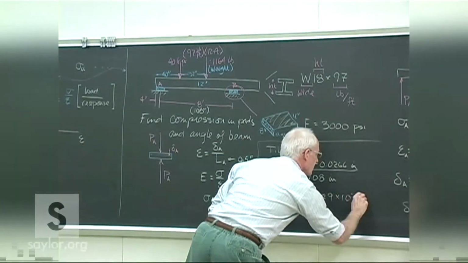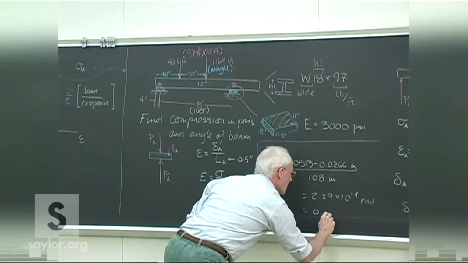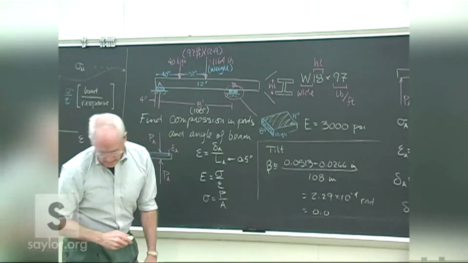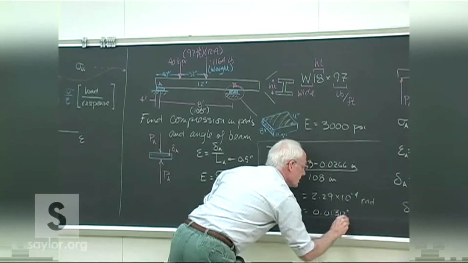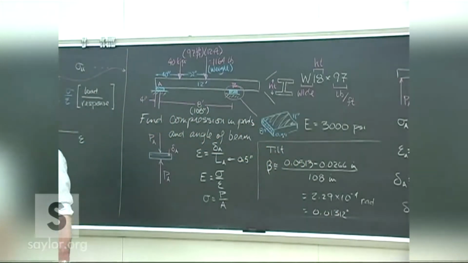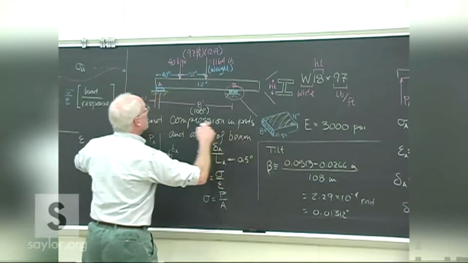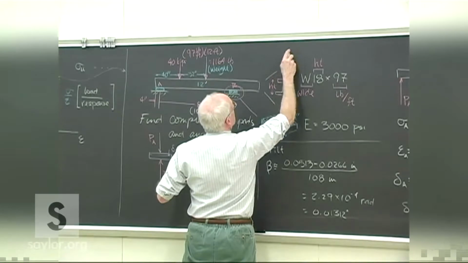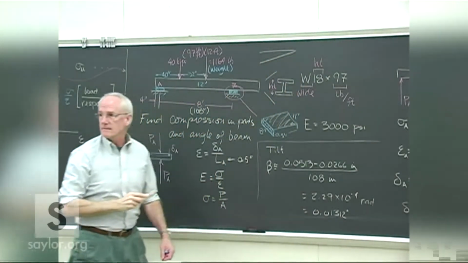So it's very small. Might not be a worry, but you'd hate to find out after the building collapsed that maybe you should have paid some attention to it. Why is it 108 inches? Because what we're looking at here, if I draw it a little bigger, the beam was here, now it's kind of like this.